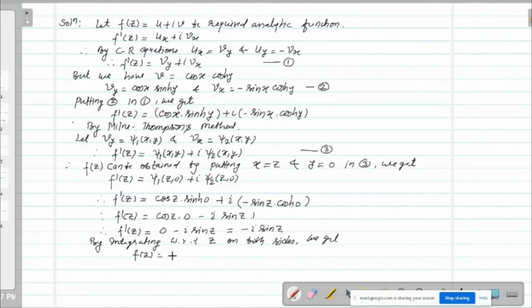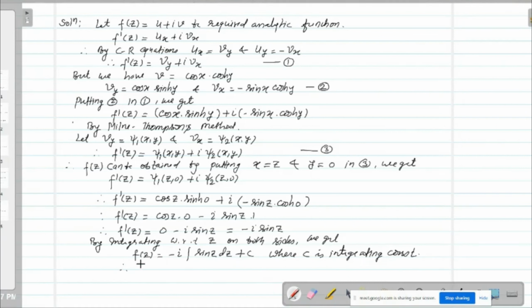Minus i is constant, integration of sine z dz plus c, where c is the integrating constant. Just integrate this.